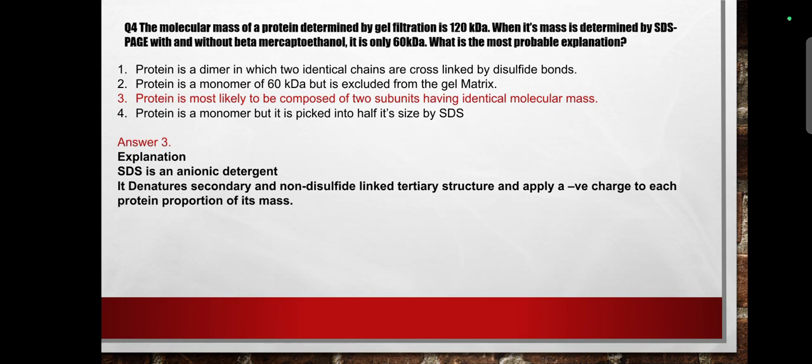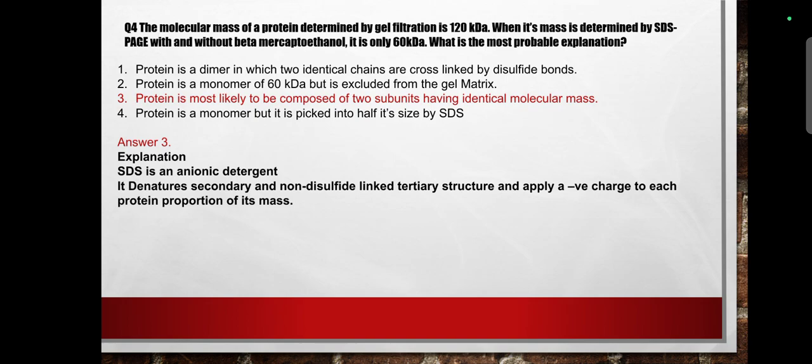Fourth question: the molecular mass of a protein determined by gel electrophoresis is 120 kilodalton. When its mass is determined by SDS-PAGE with and without beta-mercaptoethanol, it is only 60 kilodalton. What is the most probable explanation?